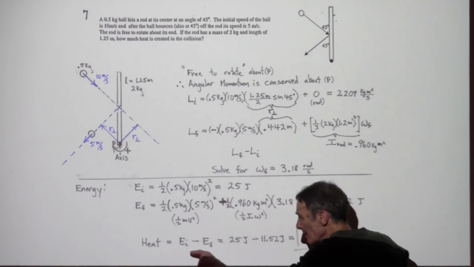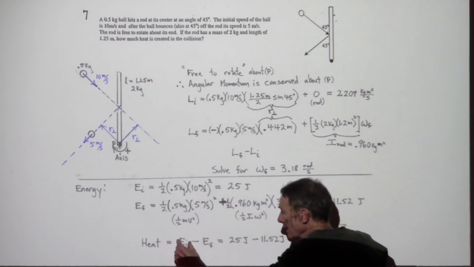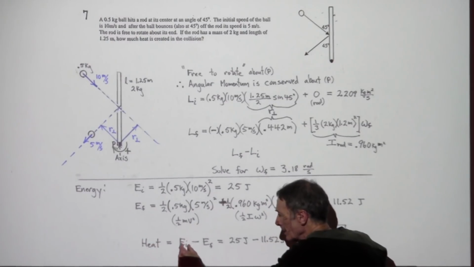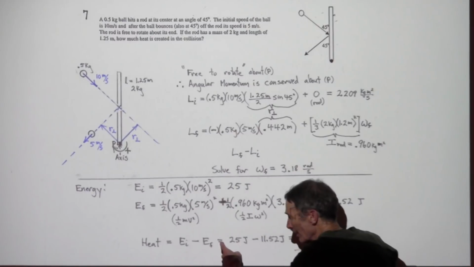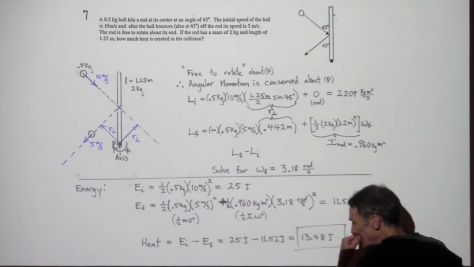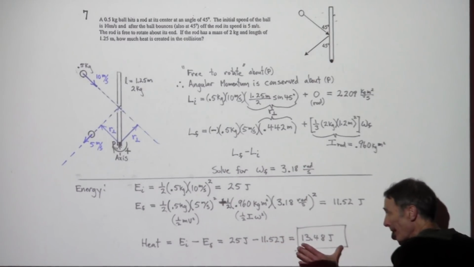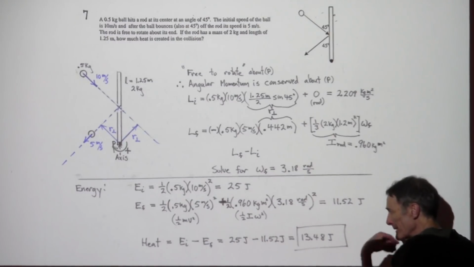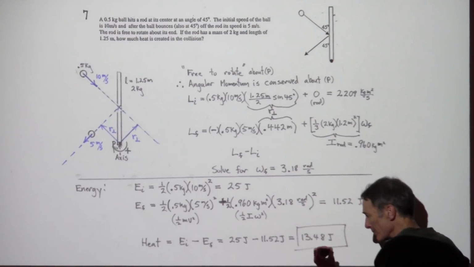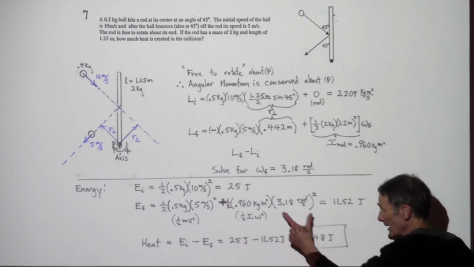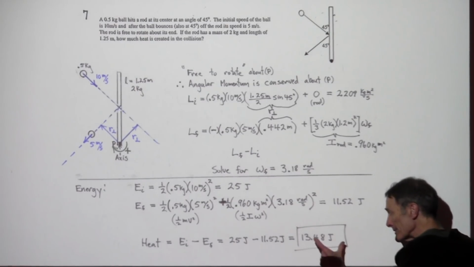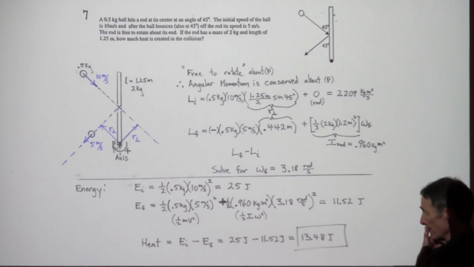If I want to get heat, usually we'll say that E initial is equal to E final plus any heat that's generated. I want to solve for that heat. Heat is going to be a positive quantity. It's tied up in the kinetic energy of the molecules inside this thing. This is what heat is. And so just like kinetic energy is always positive, this heat is going to be positive.